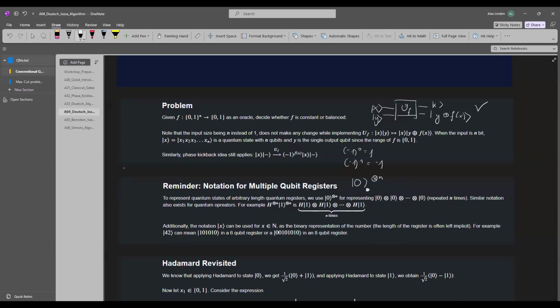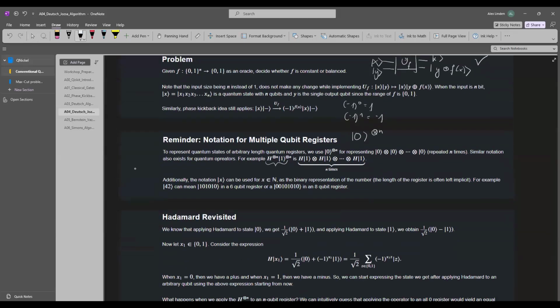So we're just putting 0, tensor product, 0, etc. n times. And for quantum operators, we can do the same thing. That means we'll have this operation n times. All right.